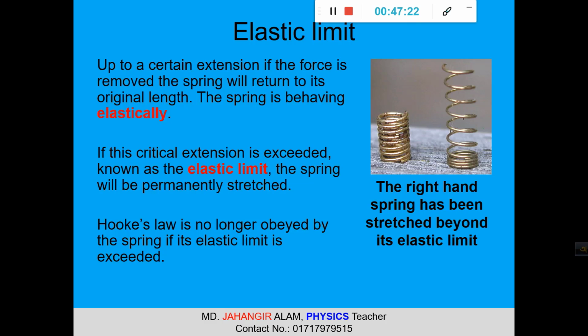The right hand spring has been stretched beyond the elastic limit. So the elastic limit is the maximum force up to which an elastic body behaves as a perfectly elastic body. That maximum force is known as the elastic limit.